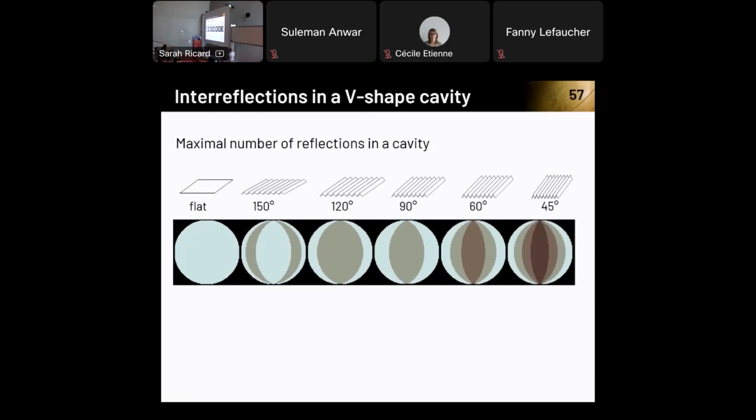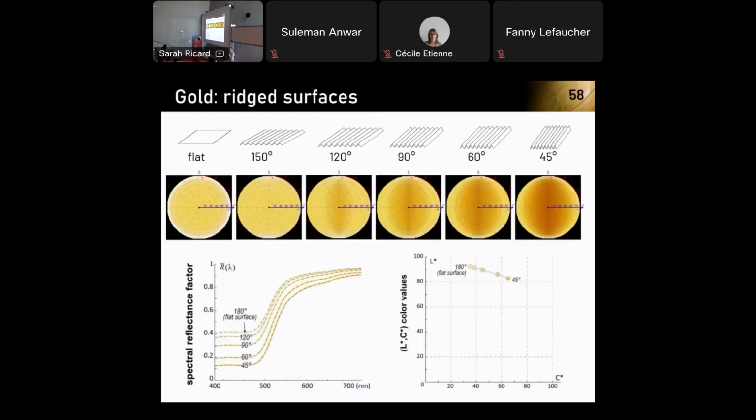cavities, and we can have up to 1, 2, 3, 4 reflections in it. And what we have in terms of color, so we model for a given point of view, we model all the possibilities of light reflection, including 1, 2, 3, 4 possible reflections. And we have already seen the color at the different angles if the surface is flat.